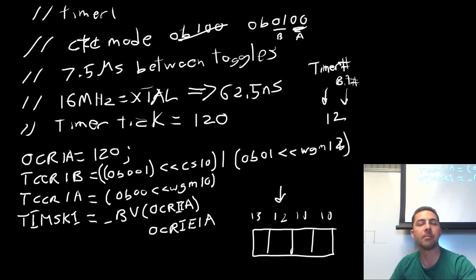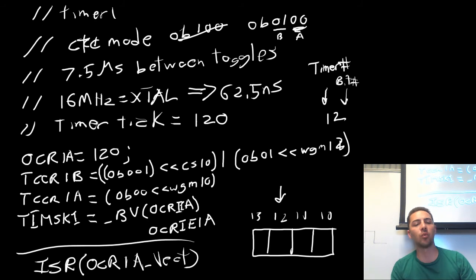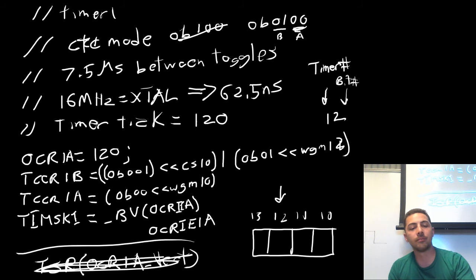So it's WGM for timer 1, bit 2. All right. And then we had an ISR somewhere further down the line. ISR, blah, blah, blah, OCR 1A underscore vector. That's not quite right, but you get the idea. It was timer 1 OCR A vector. We don't need this anymore.